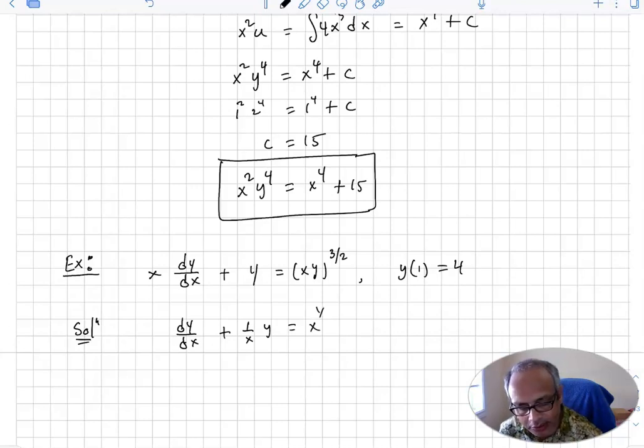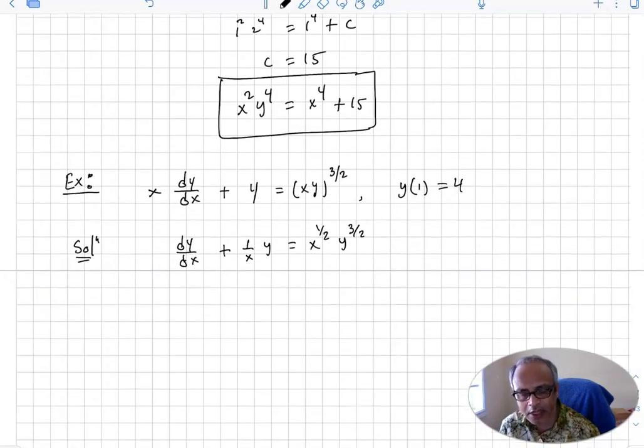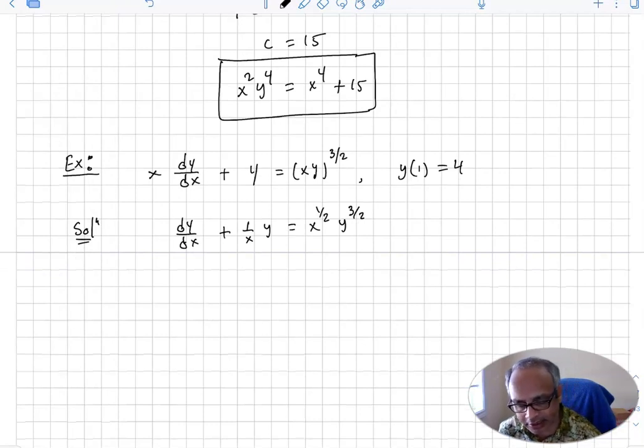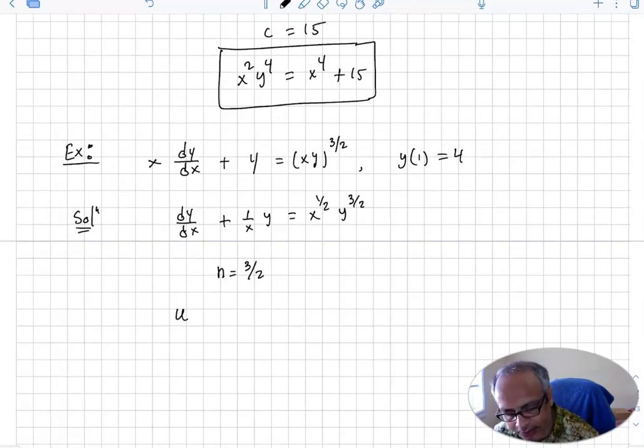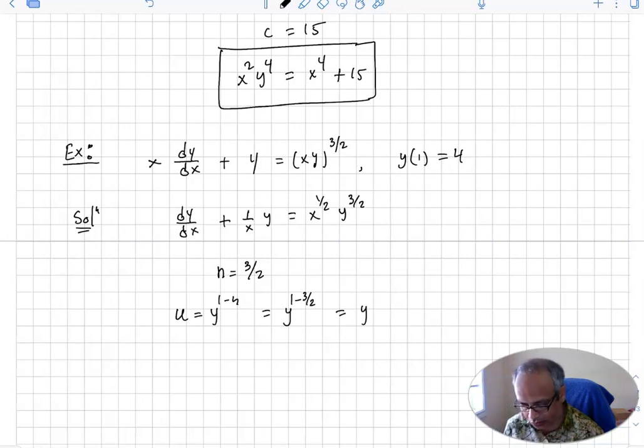So I have x to the power half and y to the power 3 by 2. And in the standard form, I see that this is a Bernoulli equation with n equal to 3 over 2. Hence, I use the Bernoulli substitution u equals y to the 1 minus n, which is 1 minus 3 over 2, negative half.